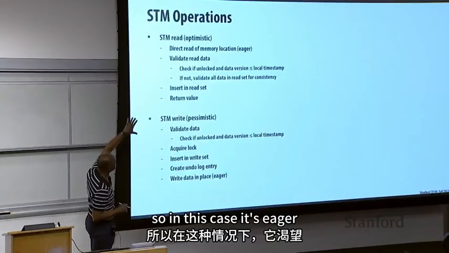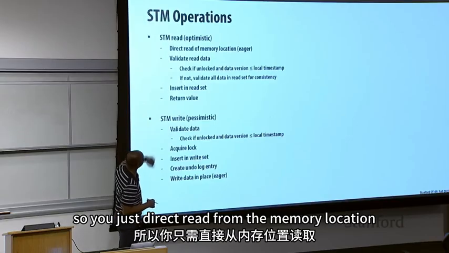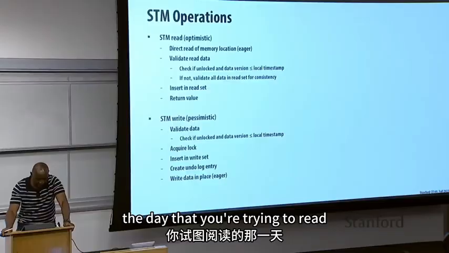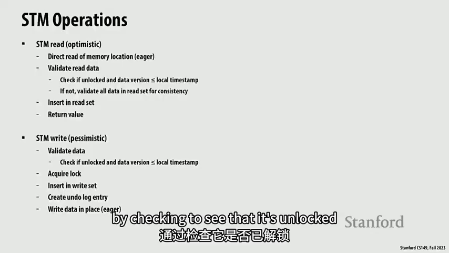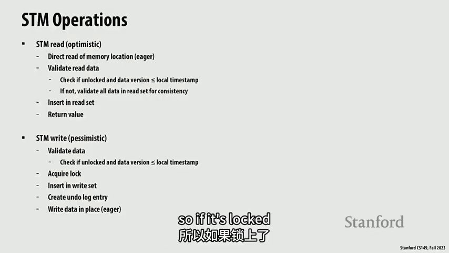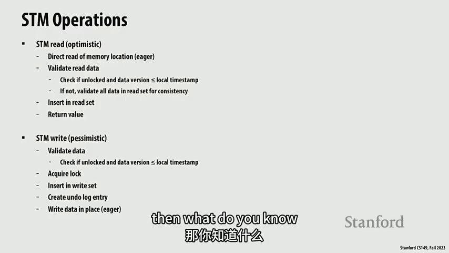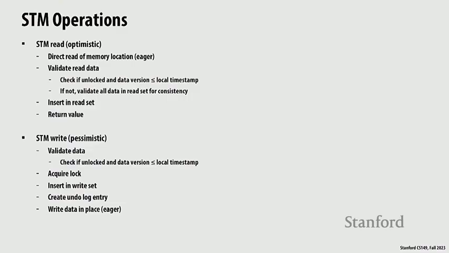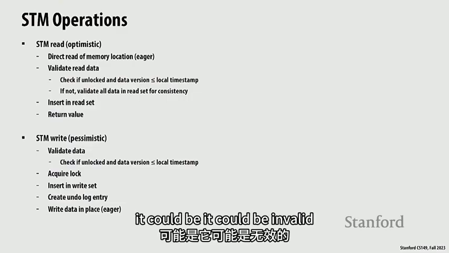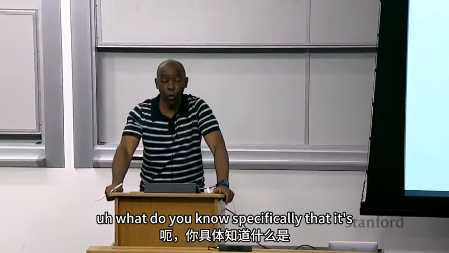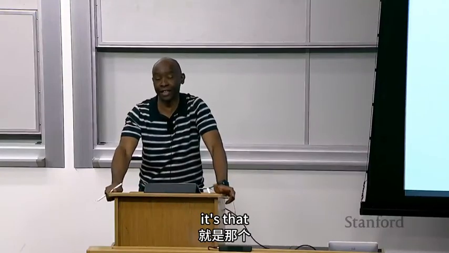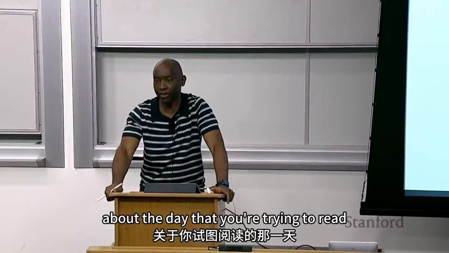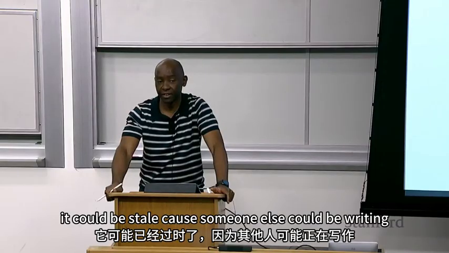In this case it's eager, so it's a direct read from the memory location. You validate the data by checking to see that it's unlocked. So if it's locked, what do you know about the data you're trying to read? It could be invalid. It could be stale because someone else could be writing.